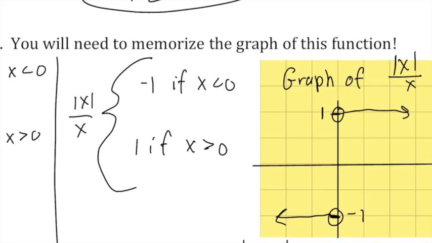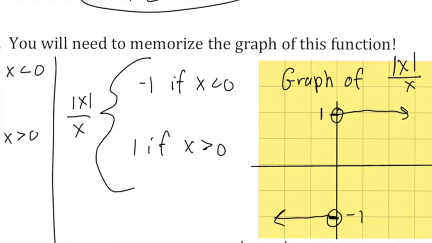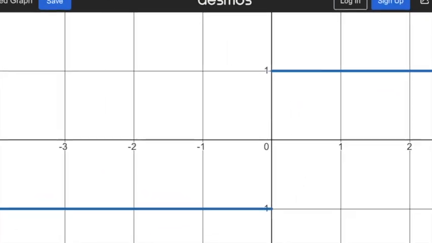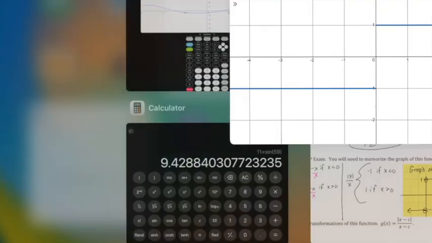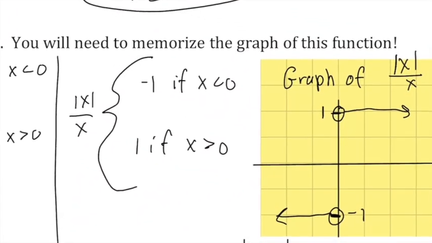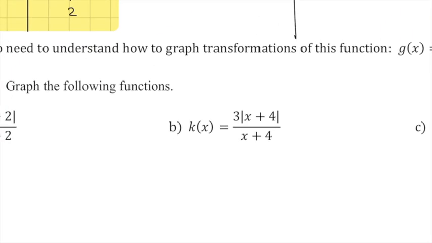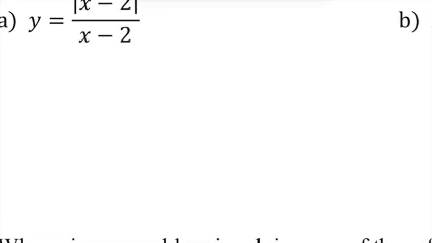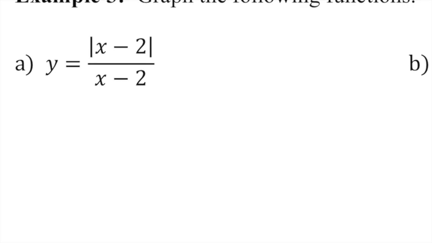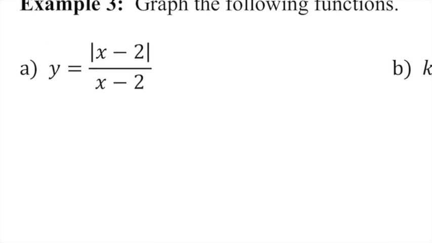And so there is the graph of absolute value of x over x. And just to show you again, that's what we got here. That's where everything comes from. But you need to know the reason why, because sometimes I ask questions in a way where you have to understand what's going on. Now, all of this stuff, graph the following.